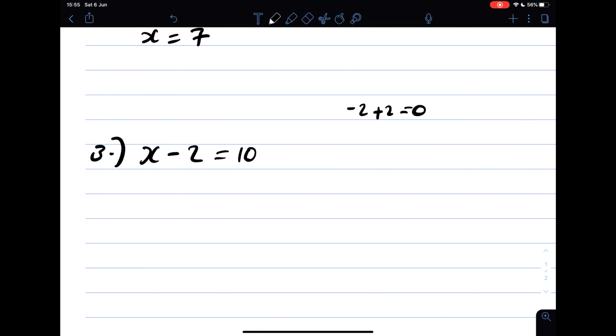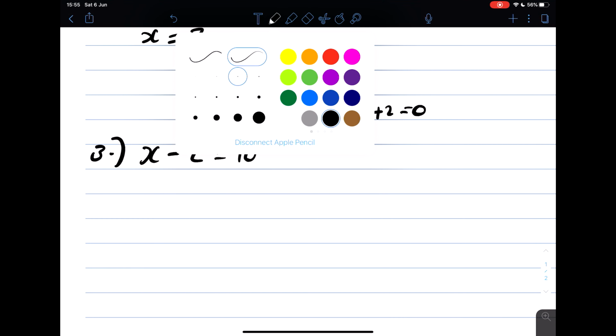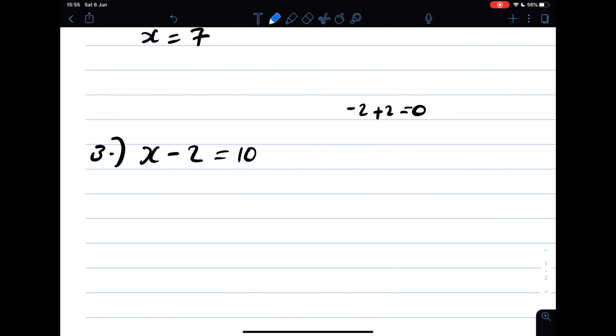Make sure you check your work whenever you do it. So you don't minus 2, you add 2 to both sides. So let me do that now. So then you have plus 2 equals 10 plus 2, leaving you with x equals, what is 10 plus 2? 12. So that's the answer, x equals 12.